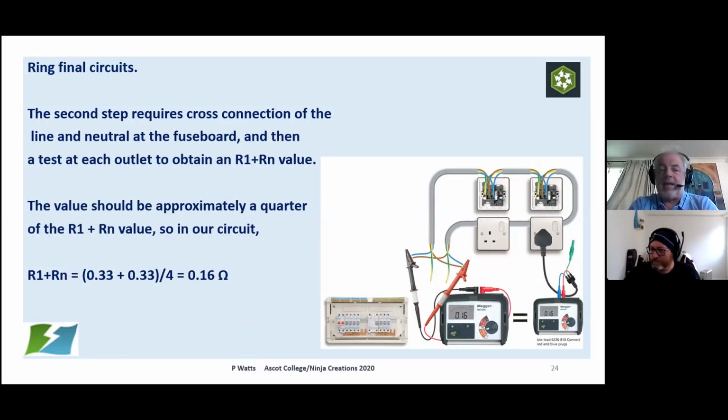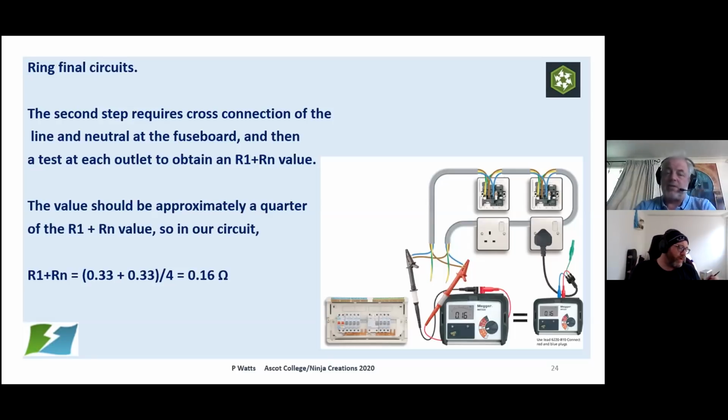So if we take the values of the end-to-end loops of line and neutral and add them together, what we should be reading is about a quarter of that value when we do this test. So here we've got R1 and Rn, 0.3 and 0.33, add them together, divide by 4, and we should be getting a test value of 0.16.